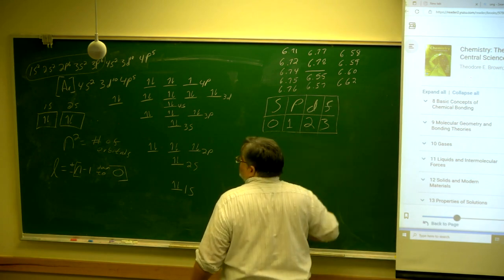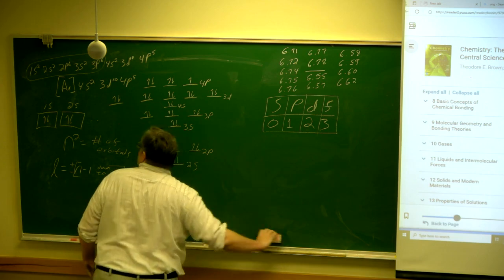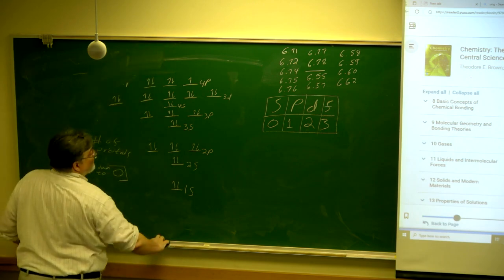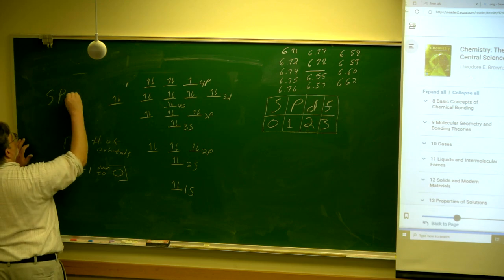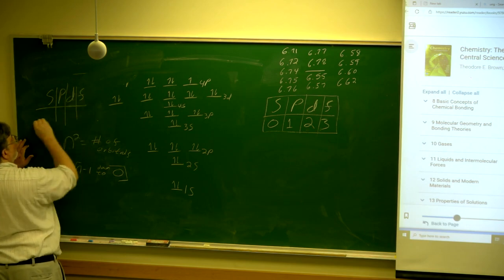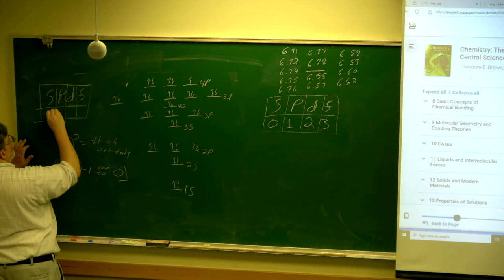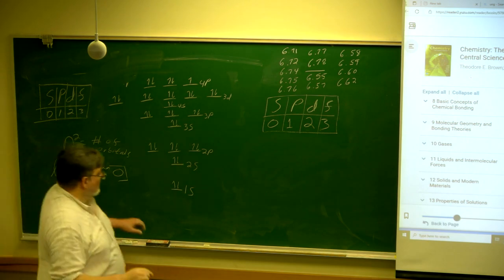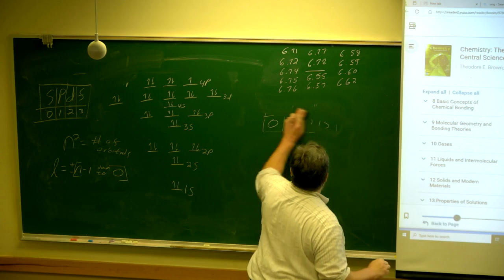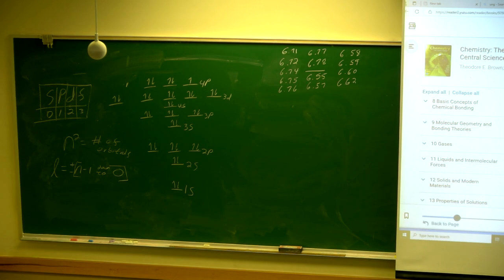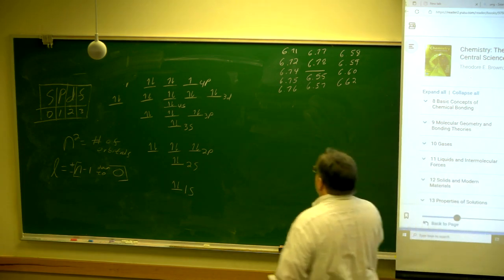I don't want to leave that there too. Zero, 1, 2, 3. Okay, so what did this ask? For n equals 4, what are the possibilities of L?